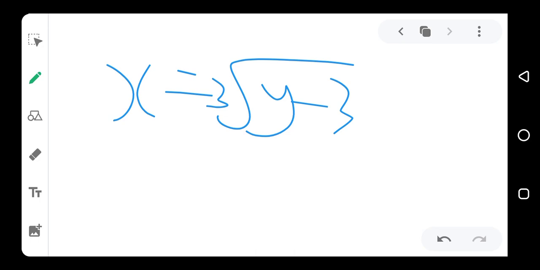But we are looking for the inverse function of x. Inverse function of x, that is inverse of f of x.